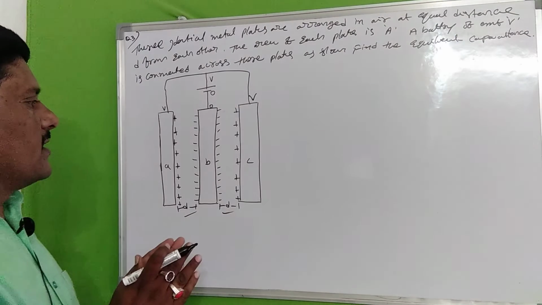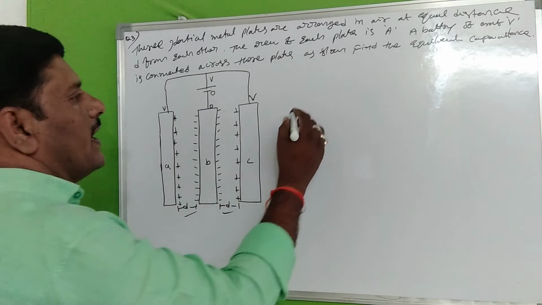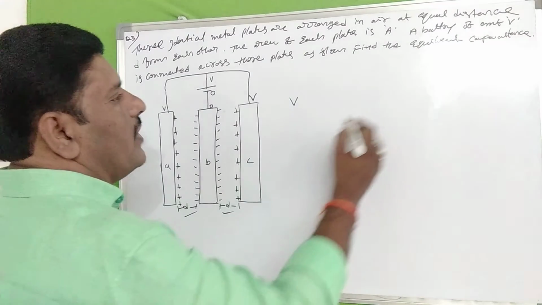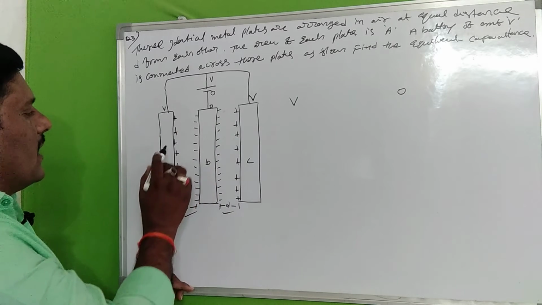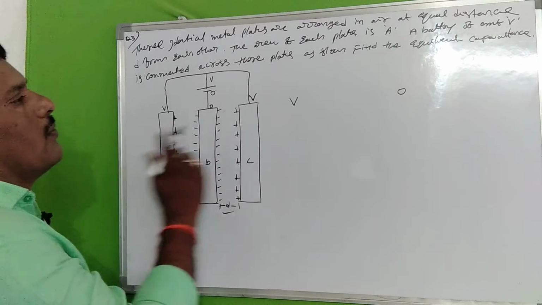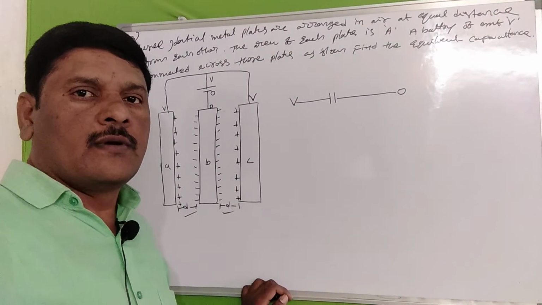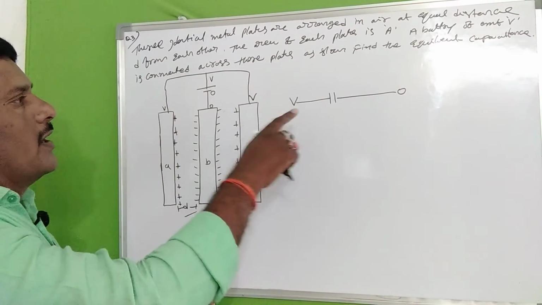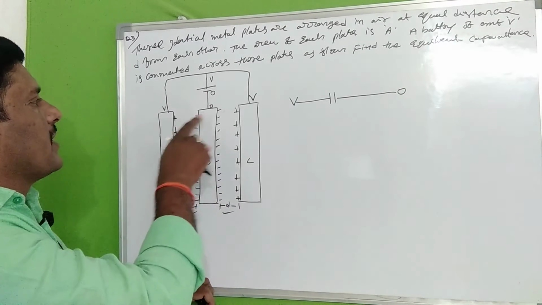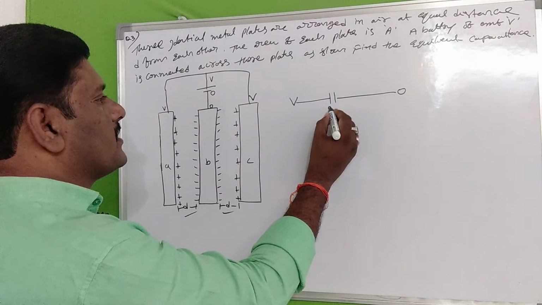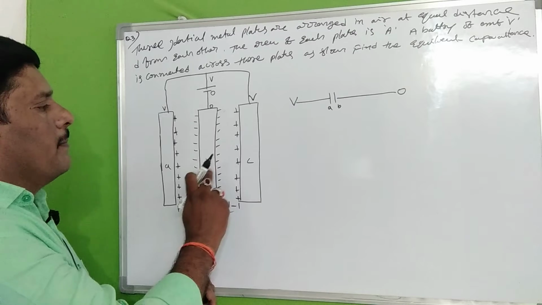Now we simply draw the circuit from the potentials V and 0. So we take the points with potential V and 0. The plates A and B are between V and 0, so this one is taken as A and this one is taken as B. Clearly observe that 0 and V, B and C are placed.